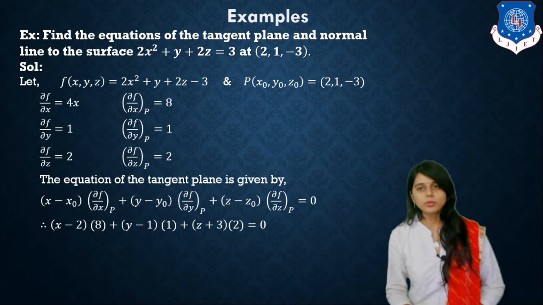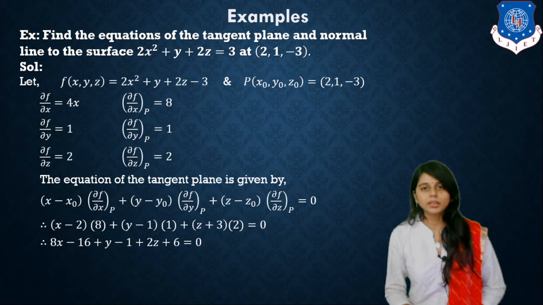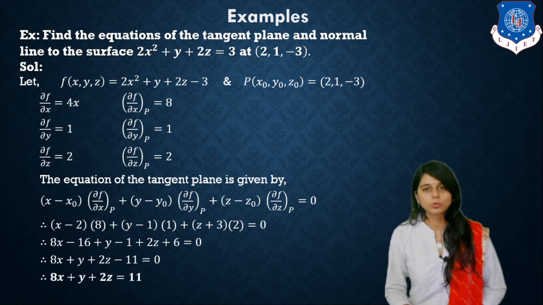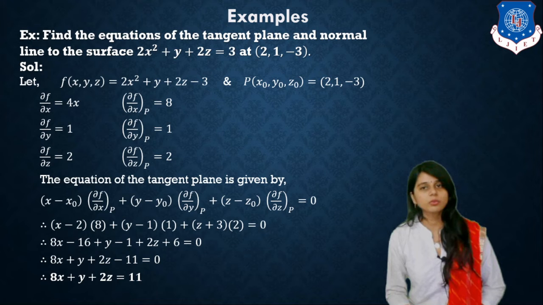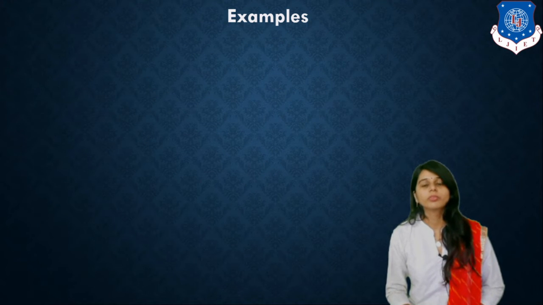Put all the values in this equation, we get 8x minus 16 plus y minus 1 plus 2z plus 6. We solve this, we get 8x plus y plus 2z minus 11. So 8x plus y plus 2z equal to 11 is the tangent plane of this equation.